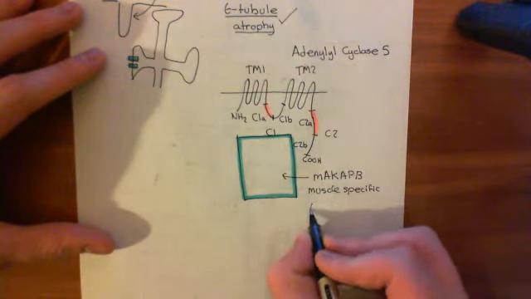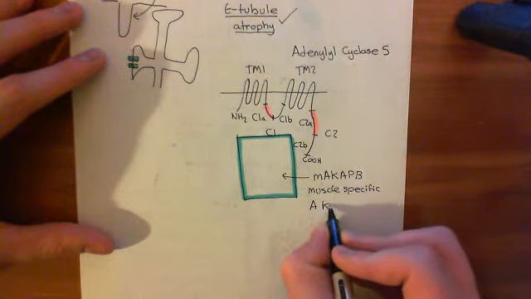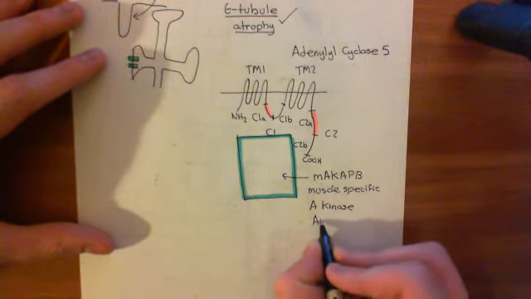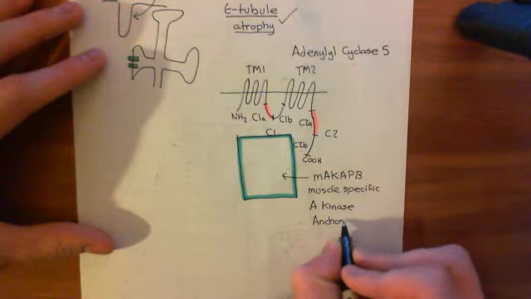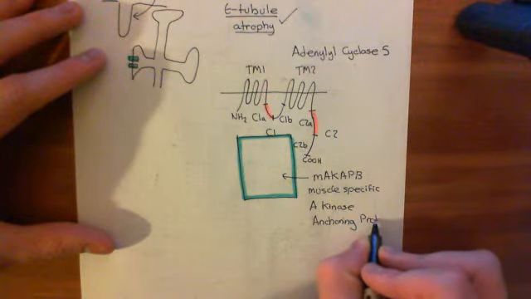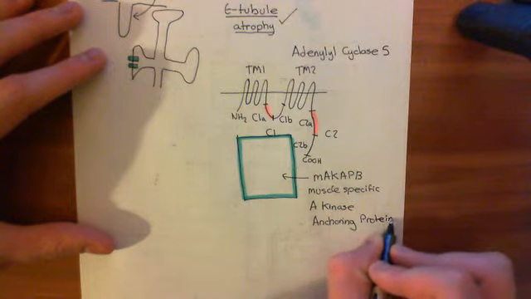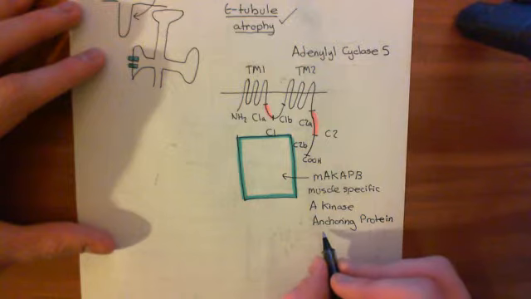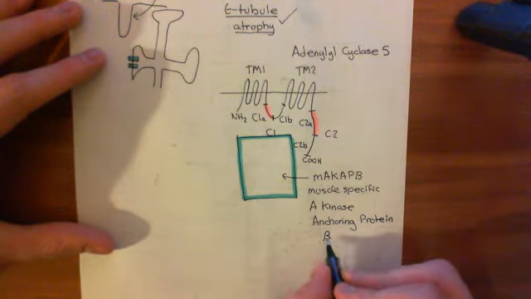So muscle-specific A kinase anchoring protein, and A kinase is just shorthand for protein kinase A, and this is the A kinase anchoring protein beta. So that's where the AKAP comes from. It stands for A kinase anchoring protein. The little m stands for muscle specific, and then finally you just need this beta.